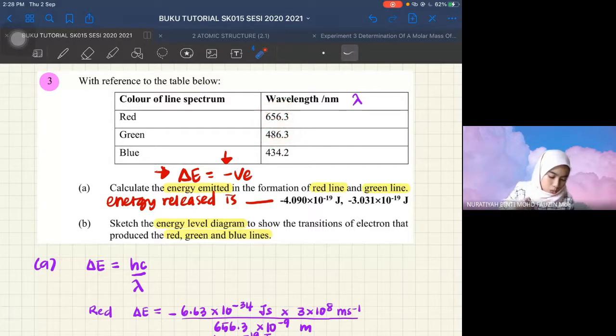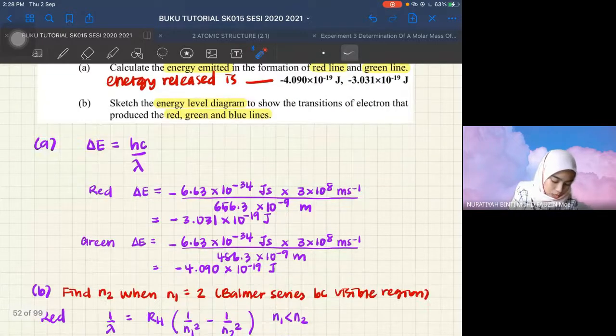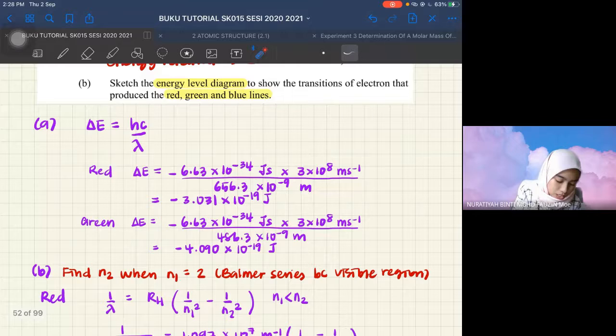You are given the wavelength of the red and green lines. So what can we do? We can use the formula delta E equals HC over lambda. You just substitute: Planck's constant times speed of light over your lambda.